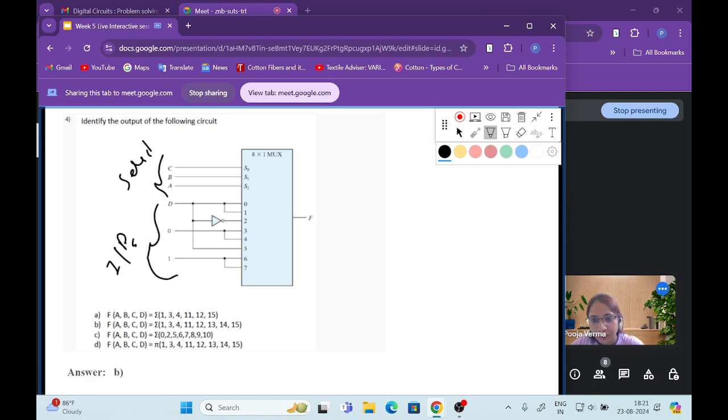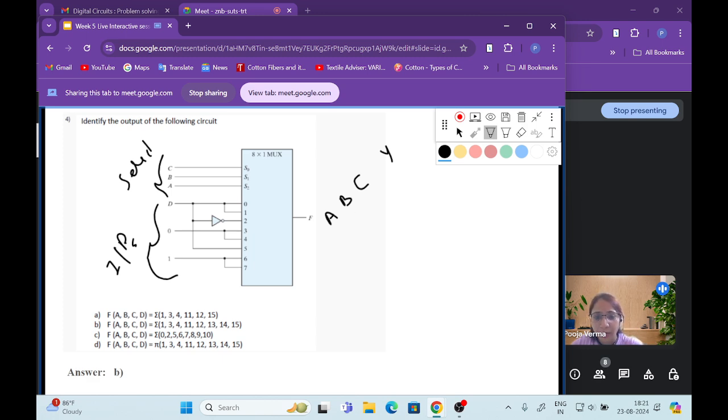So from here, we can write a, b, c and output y. Then we will make the final output f.